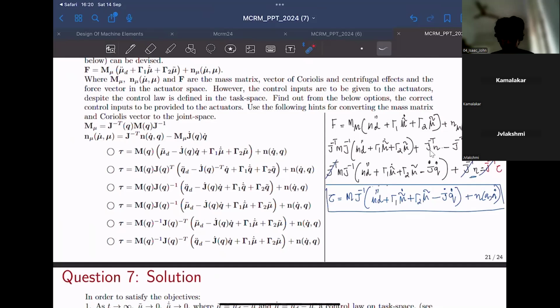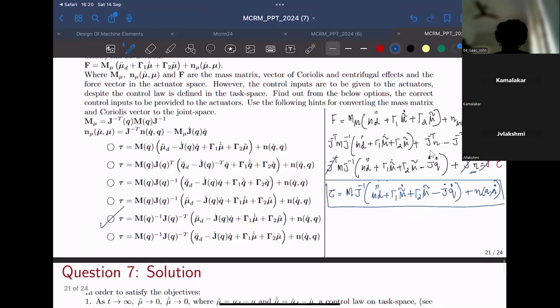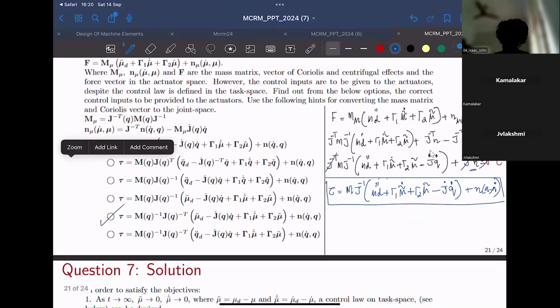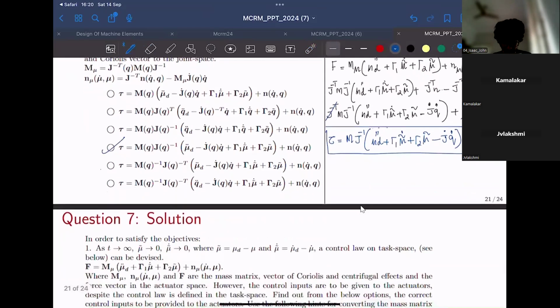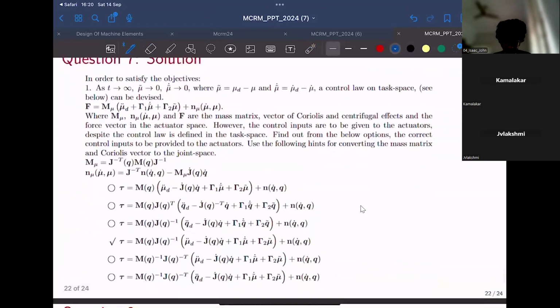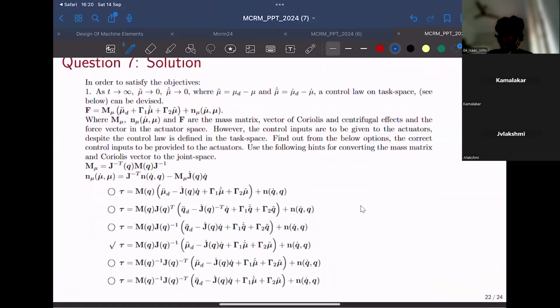So I suppose our right answer is option E. Or is it? I think it's D, I suppose. Option D. If you check the answer, it is option D. It's indeed true.